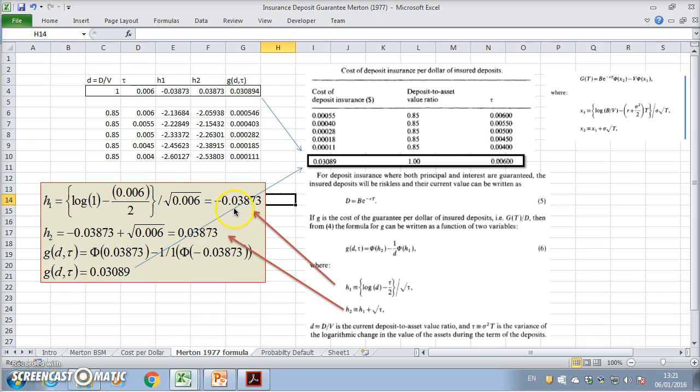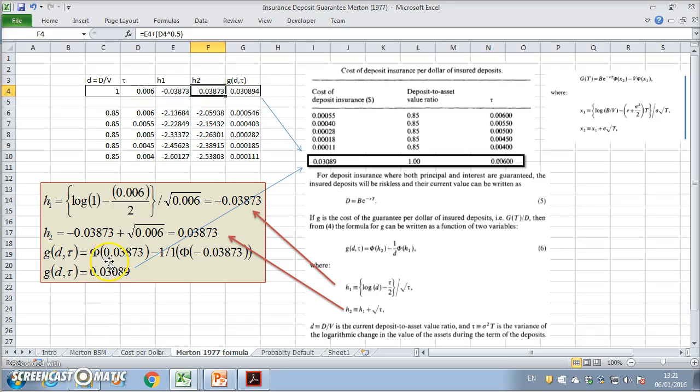We get this number, which I have worked out also here for h1. For h2, it's equivalent to h1 plus the square root of tau, 0.03873, same as here.